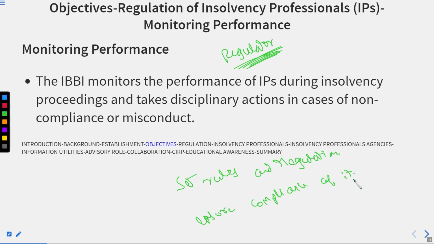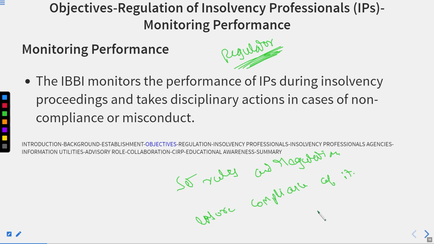In such a case, the IBBI is a regulator. The insolvency professionals are the individuals whom the IBBI is tasked to control and regulate. So first, the IBBI sets the rules and regulations which are to be followed during the process of insolvency and bankruptcy.